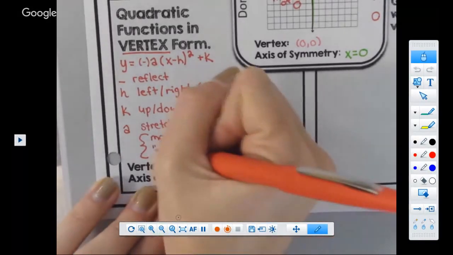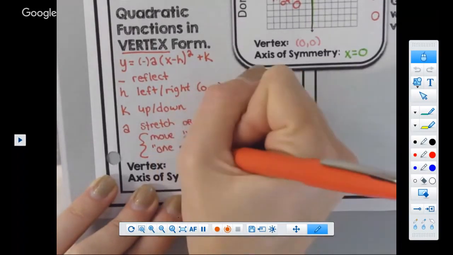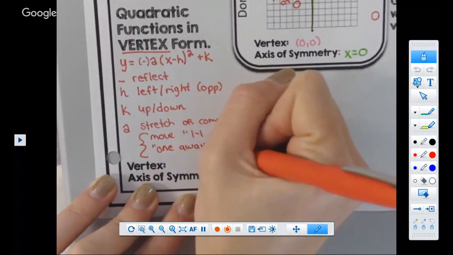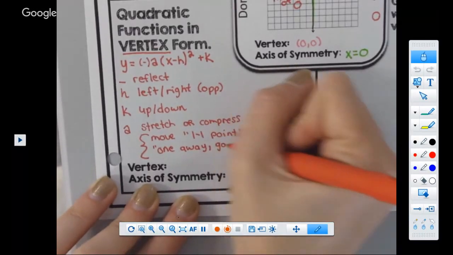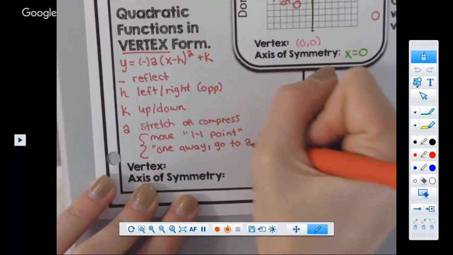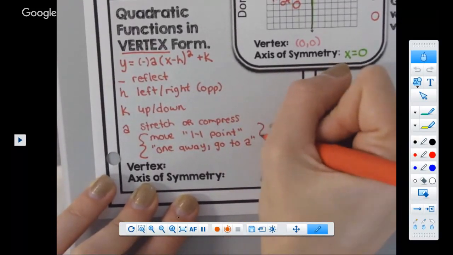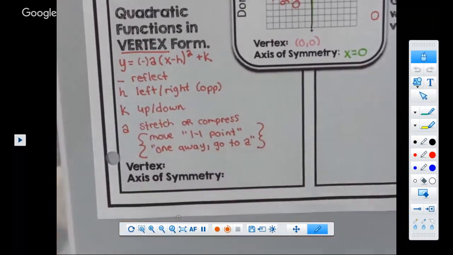What I want you to write is if you go 1 away from the vertex, is what that means. You're going to go to a. Those things mean in just a second. But we can no longer say that a is slope because we don't have straight lines anymore.